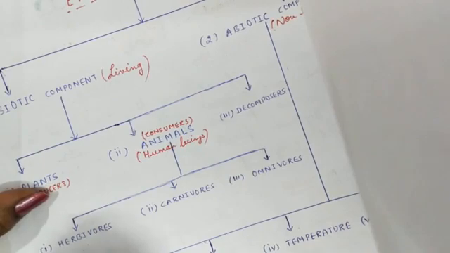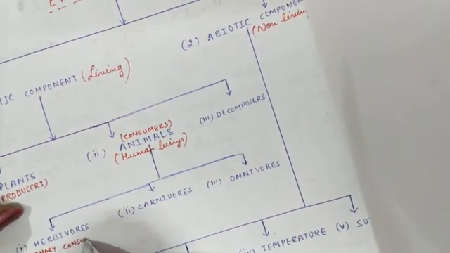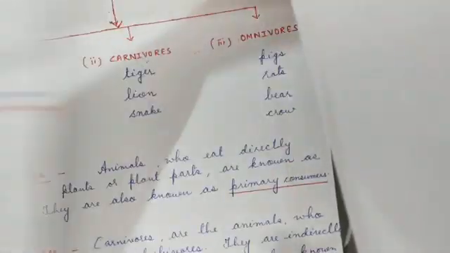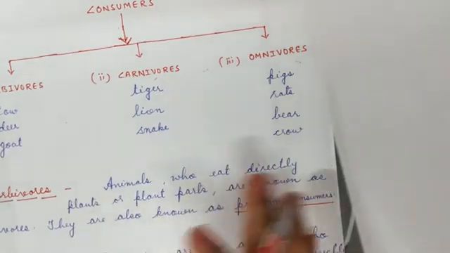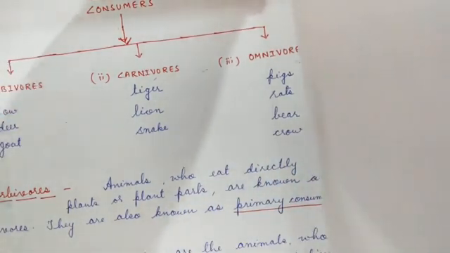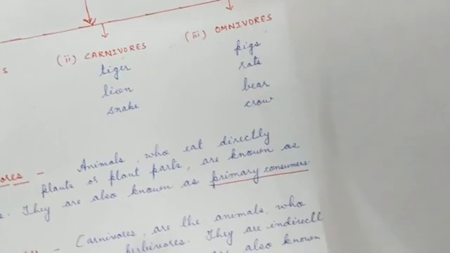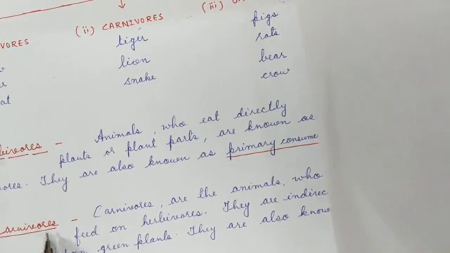So herbivores, they are known as primary consumers. Why primary consumers? Because they directly eat the plant parts. Now, the second group of animals is the carnivores.